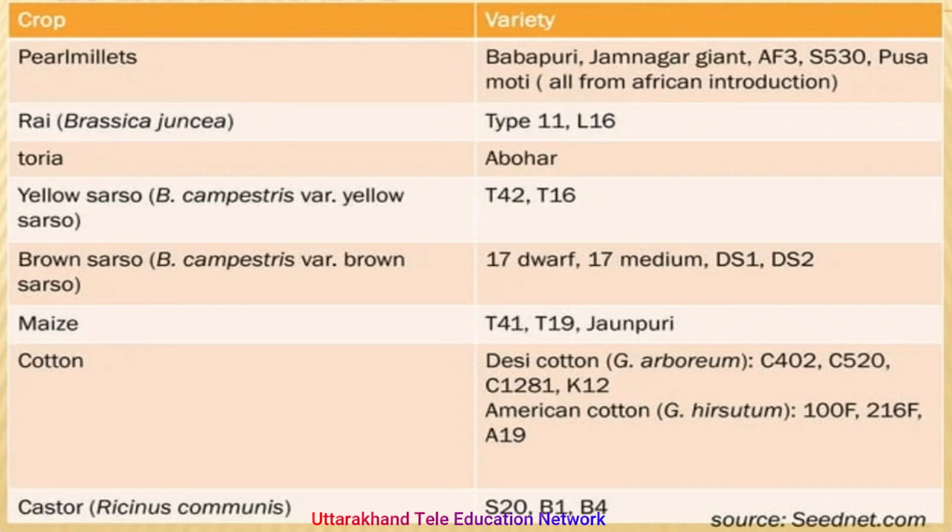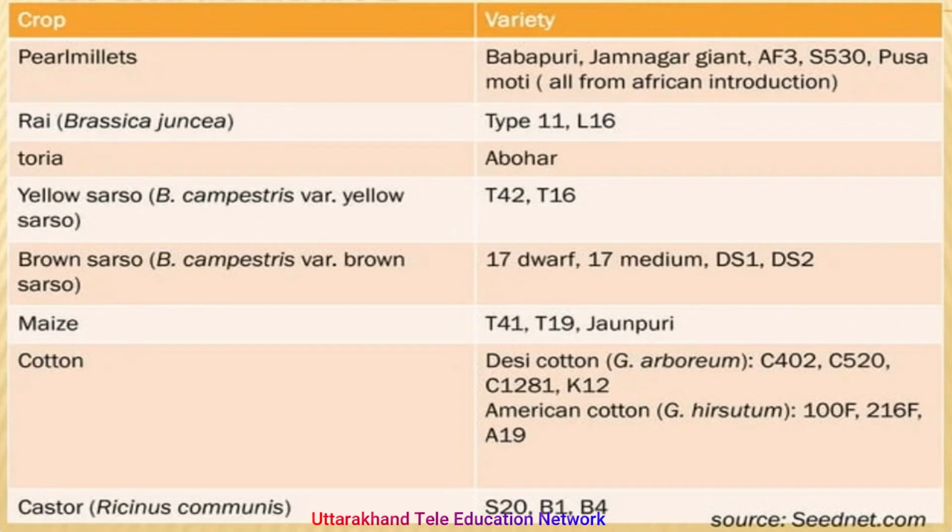Rye, Brassica juncea: Type 11, L16, Toria Abohar. Yellow sarson, Brassica campestris: T42 and T16. Brown sarson: 17 dwarf, 17 medium, DS1 and DS2.